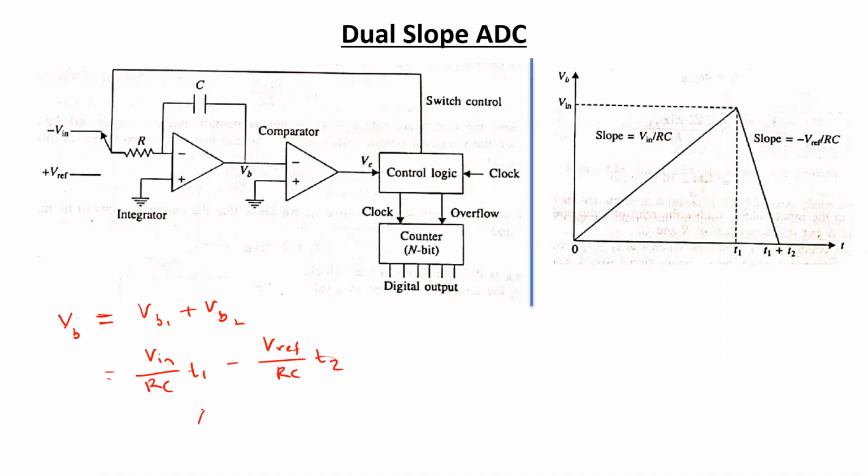Now at T equals T1 plus T2, the integrator output voltage is equal to 0 at this point.